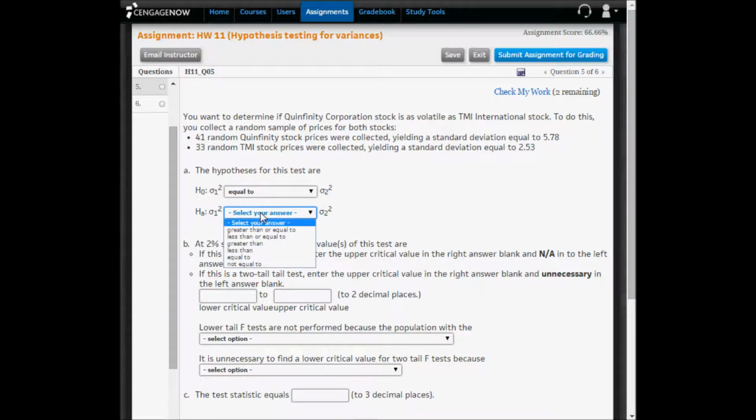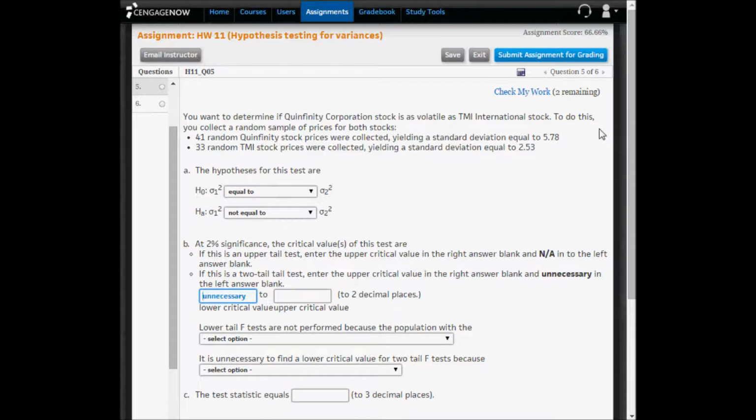The alternative hypothesis is the variances are not equal to each other. Because the alternative hypothesis suggests that this is a two-tailed test, then we have to enter the upper critical value in this right answer blank and unnecessary in the left answer blank.